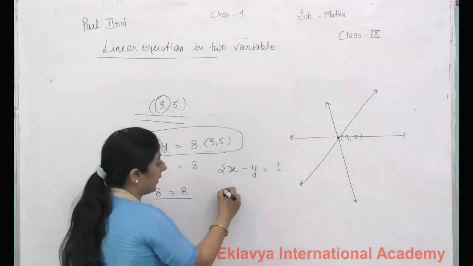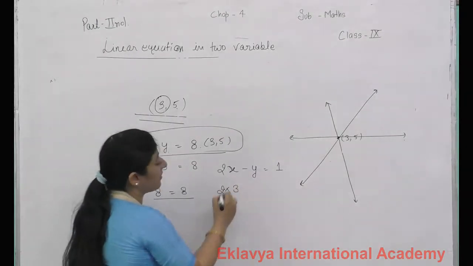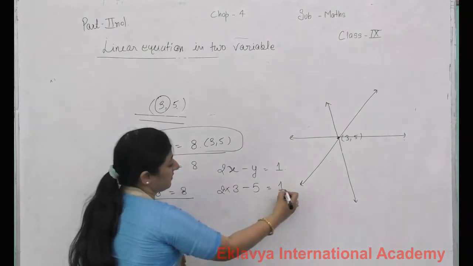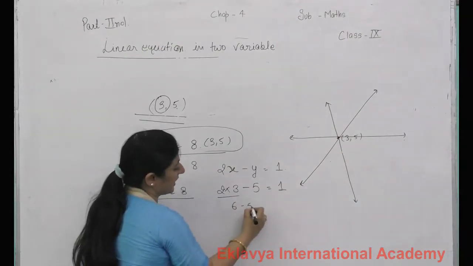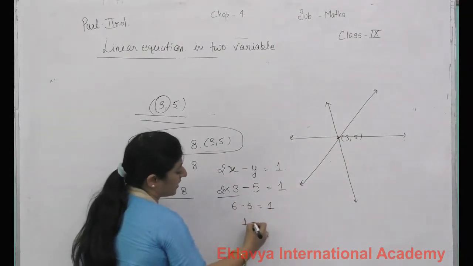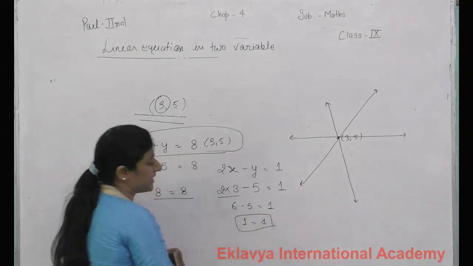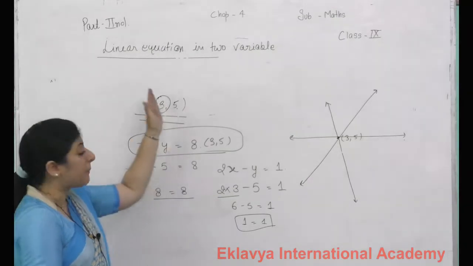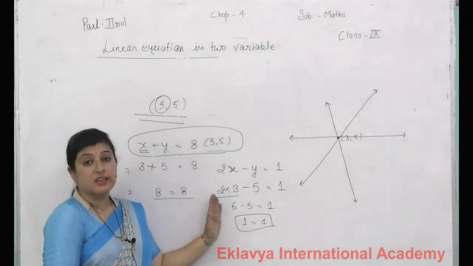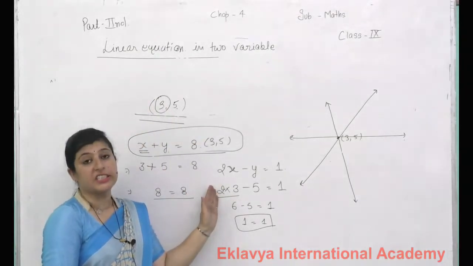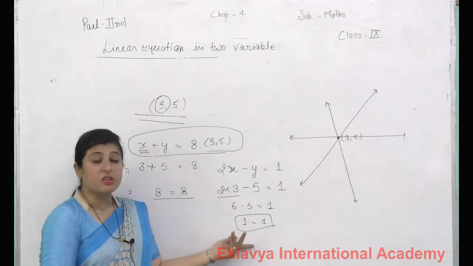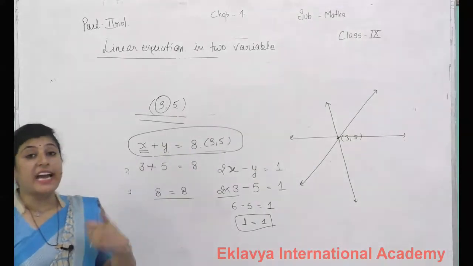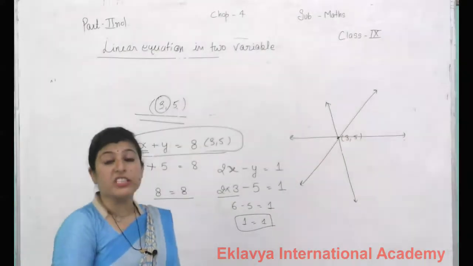Now check it. 2 multiplied by, what is the value of x? 3 here, minus y, the value is 5. 2 threes are 6, 6 minus 5 is 1, so 1 is equal to 1. It means I can say that this point is passing through this line, this linear equation. So this is also an equation for the given point, or we can take any other equations also.